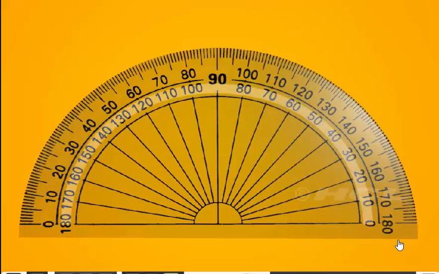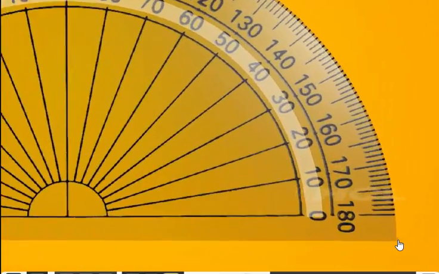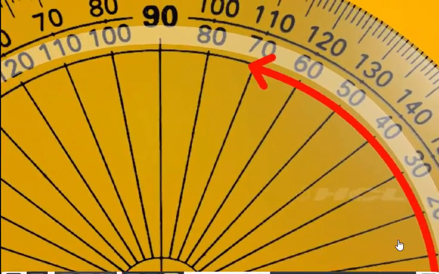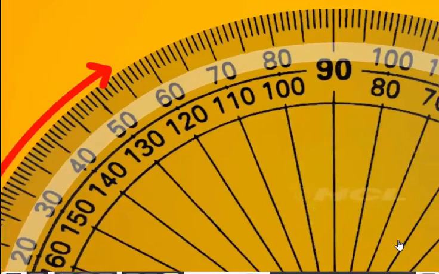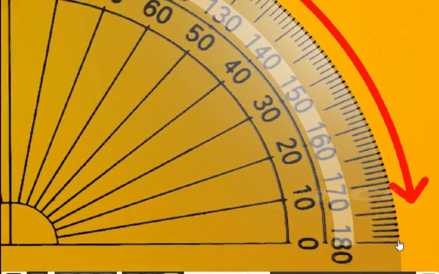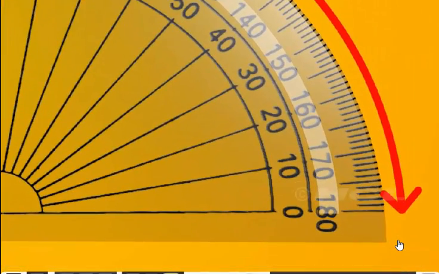It has 2 sets of markings. One set starts from 0 degrees on the right side and ends with 180 degrees on the left. The other set has the same markings in reverse.